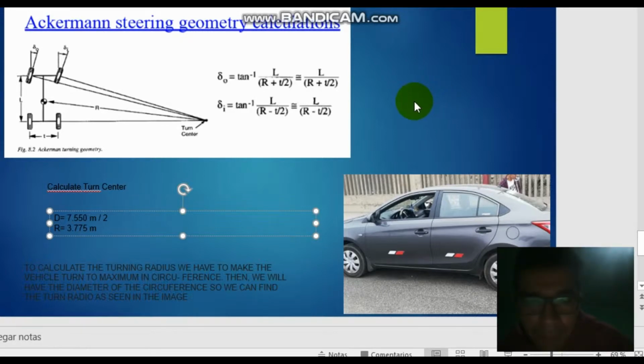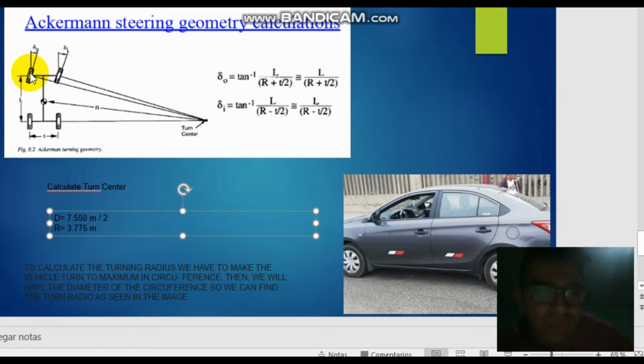Continuing in the video, in this case we have to calculate the turn center and specifically the turn radius. To calculate the turning radius, we have to make the vehicle turn to the maximum in a circumference. The wheels turn to the maximum possible.